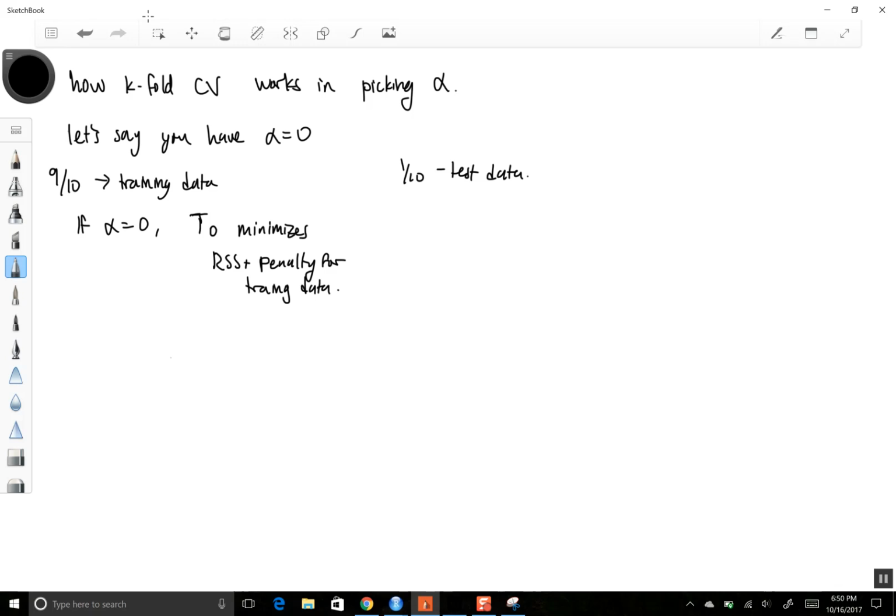Okay. So now we have this super complex tree. And now we plug the test data into here. What if this is overfitting the data?